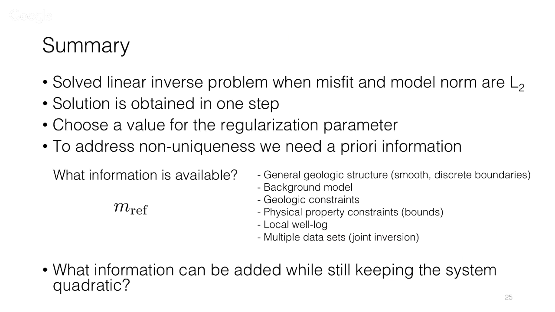And then now, what's the data? We've got the things that we talked about before: the structure, background model, geologic constraints, all of these things are possible. What I'd like to do now is, out of this list of possible constraints, address how many of these can be put in, and let's not screw up the problem too much. Let's try to just keep it L2 and still solve it in one step.